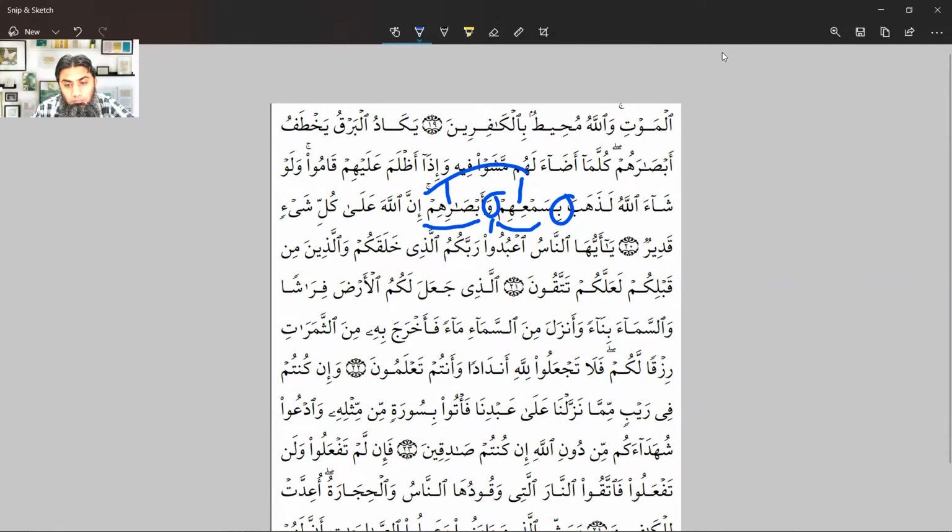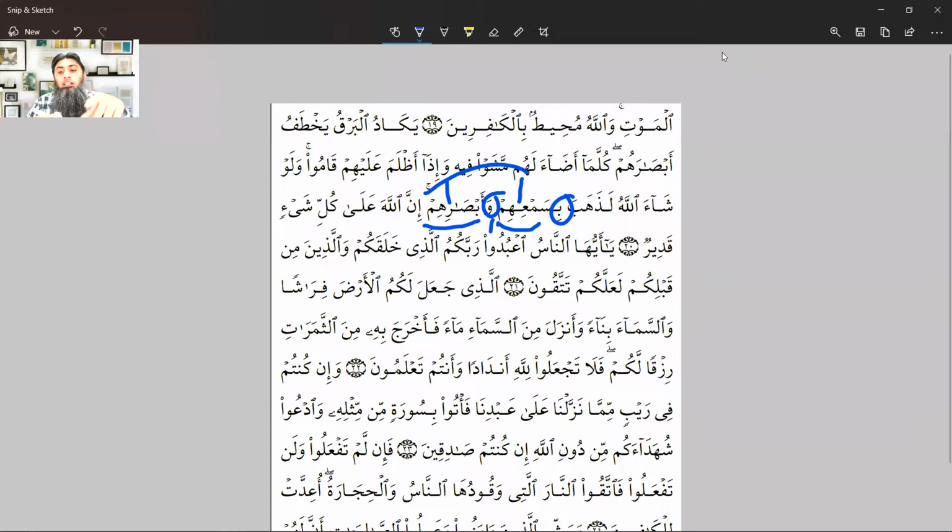So we cannot say absarihim is a badal for sam'ihim, because sam'ihim and absarihim are two different things. Sam'ihim means their hearing, and absarihim means their sight. Badal is used when two things are referring to the same object.